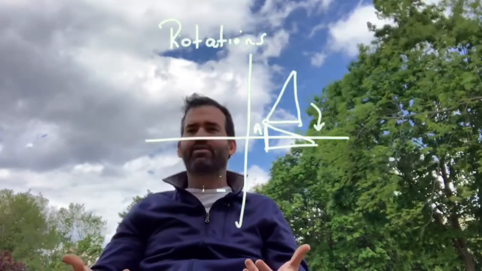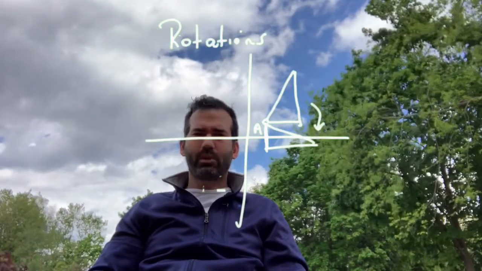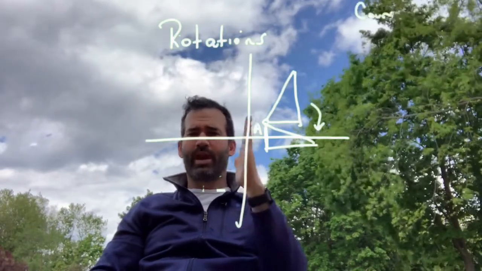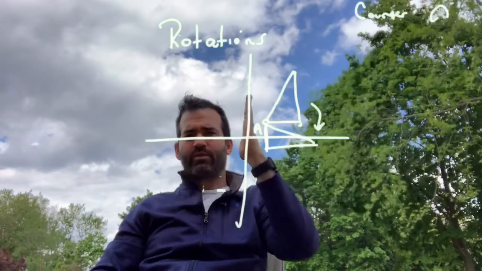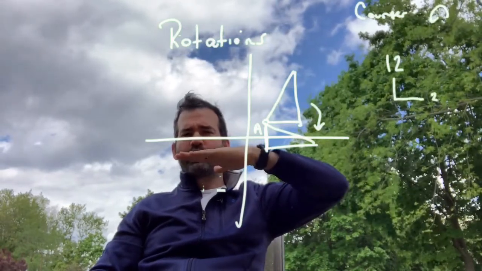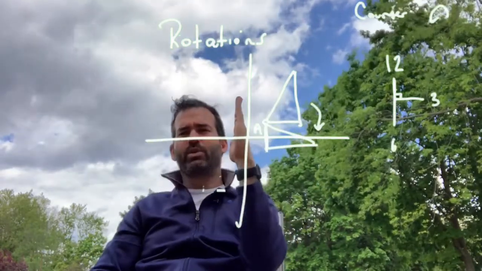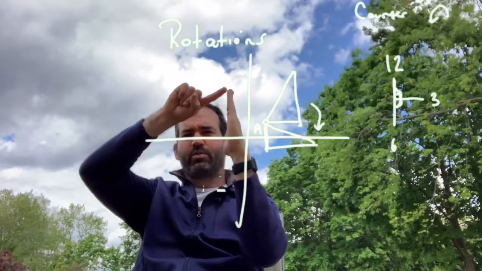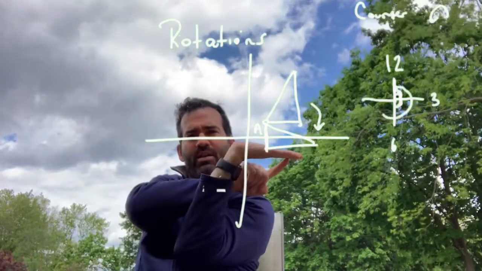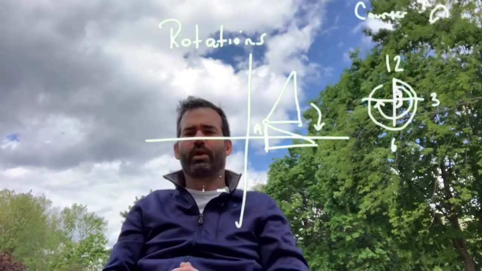So even if the video messes up, you should be able to translate it in your head anyway. We know that 90 is one rotation from 12 to 3 if we're thinking about a clock, and then 180 degrees is from 12 to 6, and then if we do 270, it's from 12 to 9, and then a 360 goes back to the starting point.